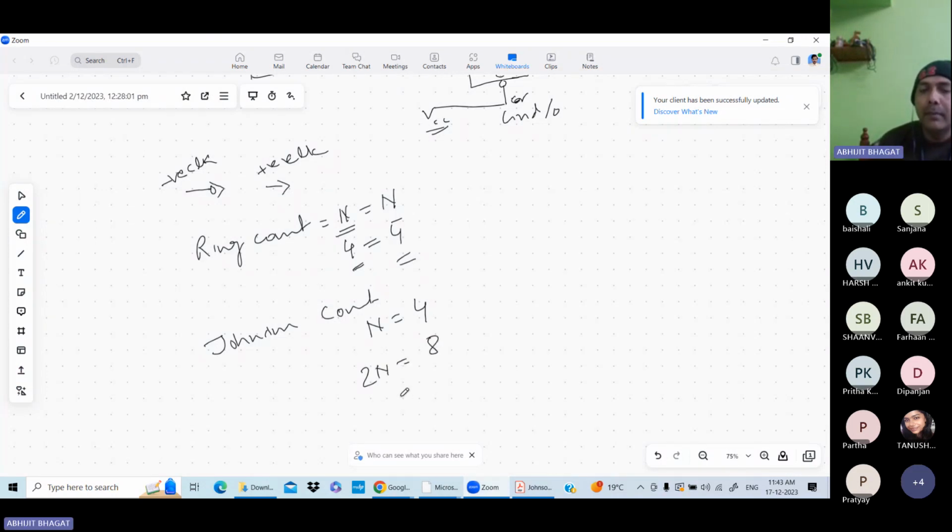If the number of flip flops is 3, then 3 into 2, 6. If it is 2, then 2 into 2, 4. So the count value is double the number of flip flops. So by using the Johnson counter, the count value will be double with respect to the ring counter.